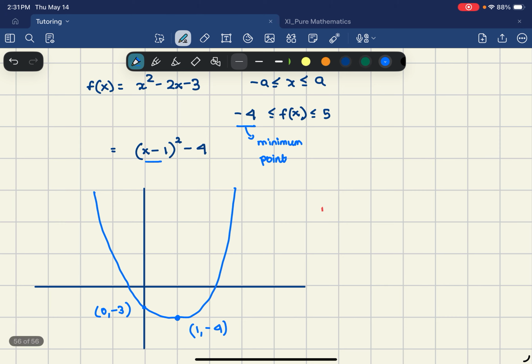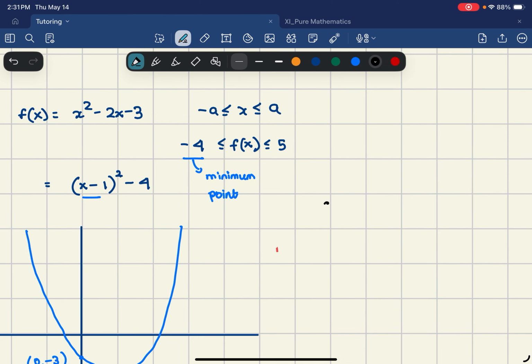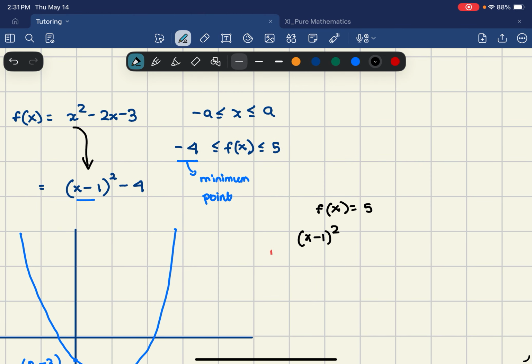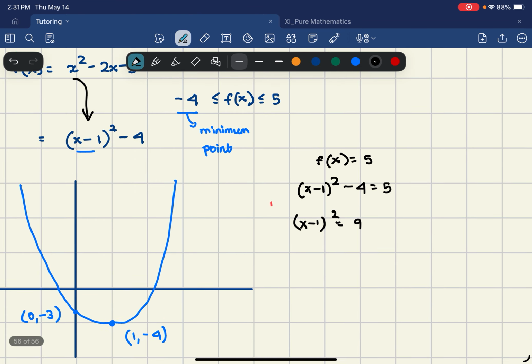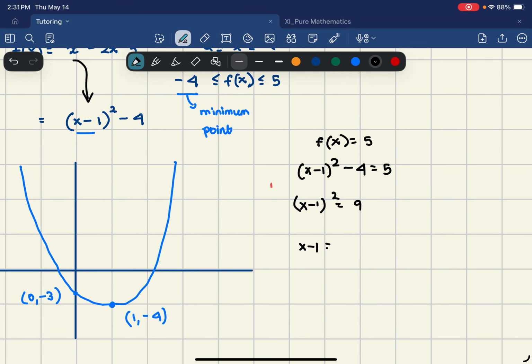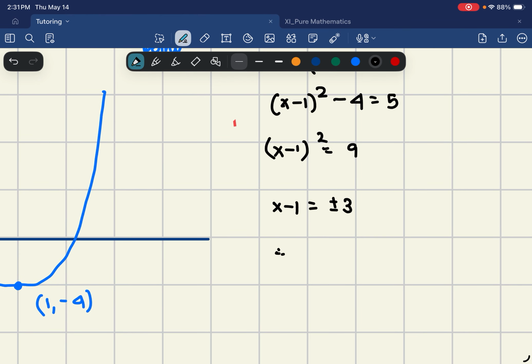Now let's check when f of x is equal to 5. So we want to solve f of x equals 5. (x minus 1) squared minus 4 has to be equal to 5, so (x minus 1) squared has to be equal to 9. x minus 1 is equal to plus or minus 3, since positive 3 squared gives 9 and negative 3 squared gives 9.